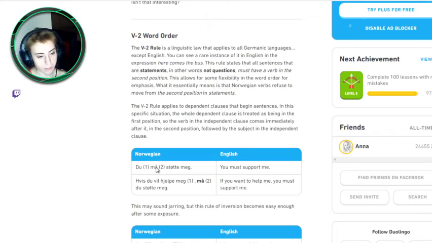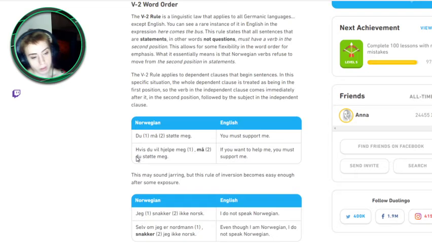Just like the sentence is similar to English: You must support me. This one is different. Vil du hjelpe meg? If you want to help me, that's the first part of the sentence. Må du støtte meg?